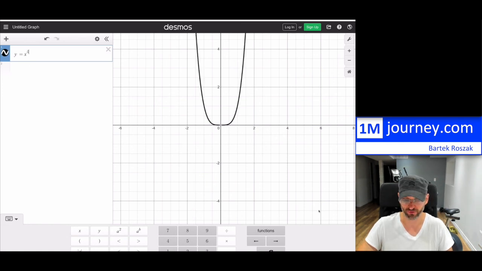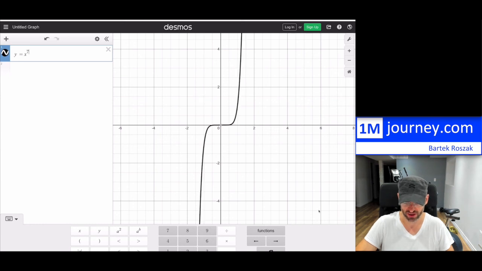Notice that if I put 4, this looks kind of like a parabola, except it's really squeezed at the bottom. But then it opens up the same way as a quadratic, and that's because it's now to the power of 4. And then you can continue this and see if there are patterns that you see as you work with these.